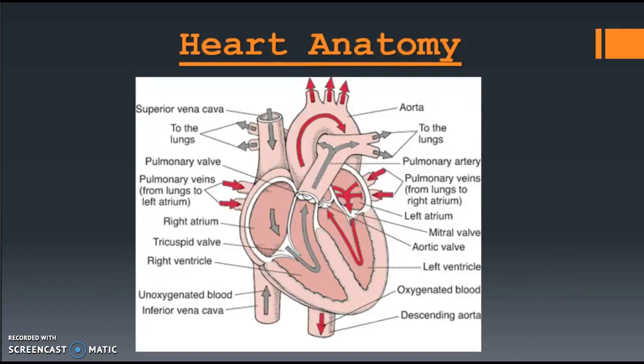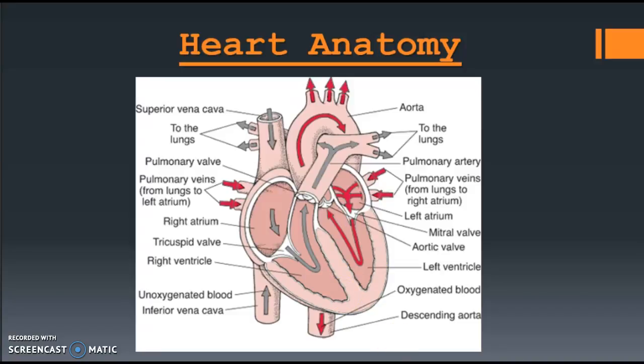So here we just show you the heart anatomy. So here the heart contains 4 different chambers. The 2 upper chambers, which are the right atrium and the left atrium, and then you have the 2 lower chambers, which are the right ventricle and the left ventricle.